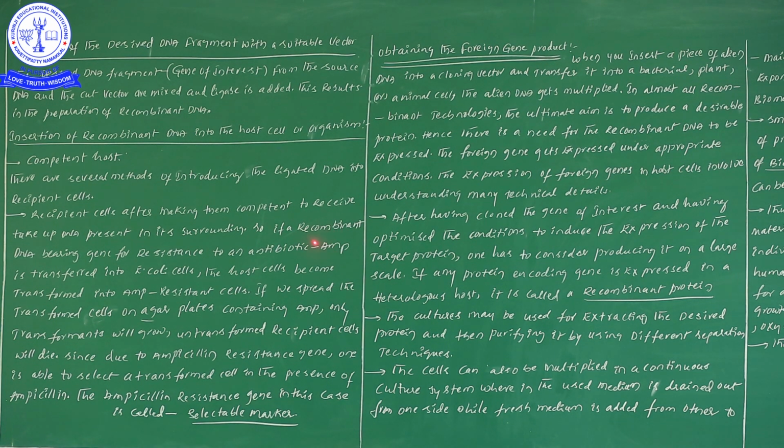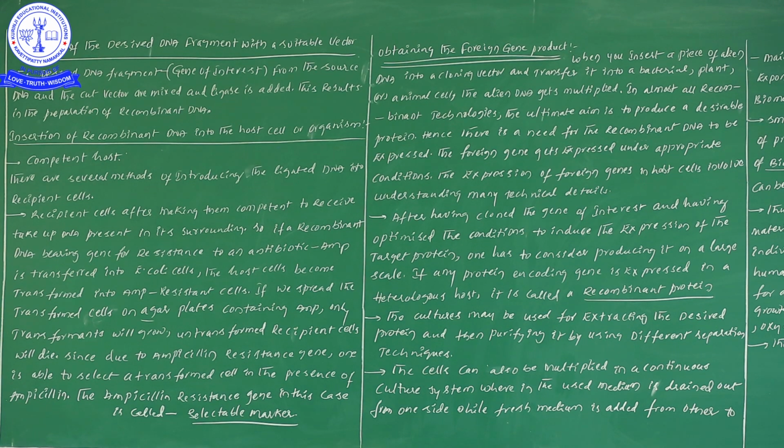Now here, suppose if a recombinant DNA bearing a gene for resistance to the antibiotic ampicillin is transferred into E. coli cells, the host cells become transformed into ampicillin resistant cells.